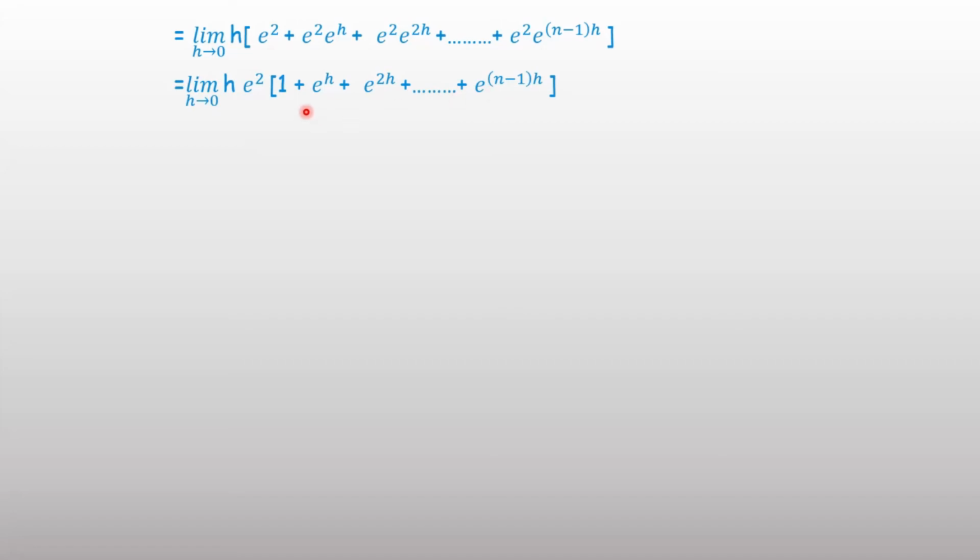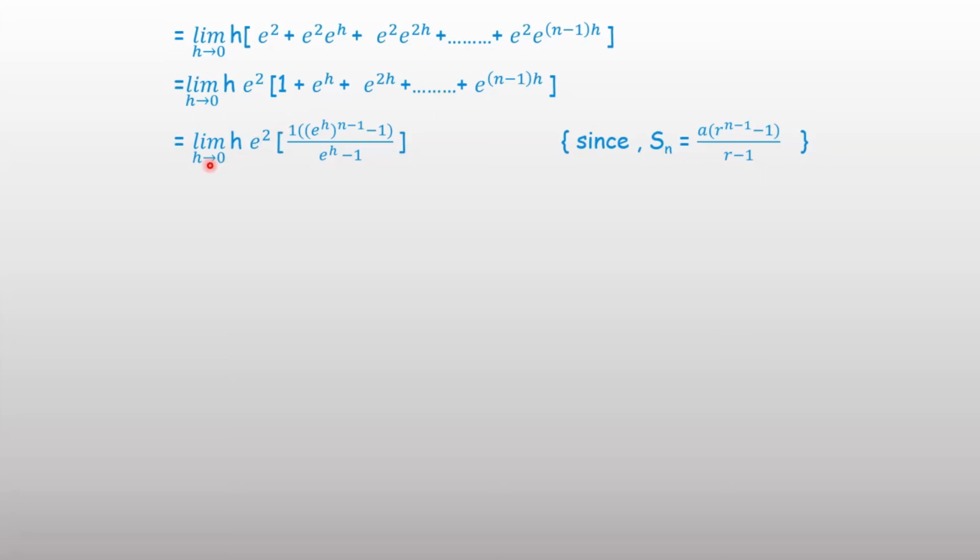Now you can observe that the bracket is in GP, such that the first term is 1 and the common ratio is e power h. Therefore, apply the formula for the sum of n terms of GP, a into (r power n minus 1) upon (r minus 1). Here the value of a is 1, the first term, and the common ratio r equal to second term upon first term, equal to e power h.